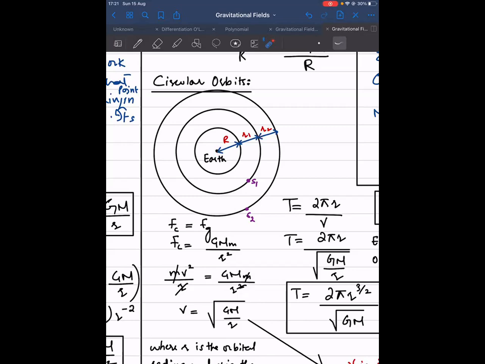Even if you talk about the moon, the moon also revolves around the Earth in an orbit. So the moon also has centripetal force exerted on it by the Earth, and the source of it is the gravitational force of attraction.